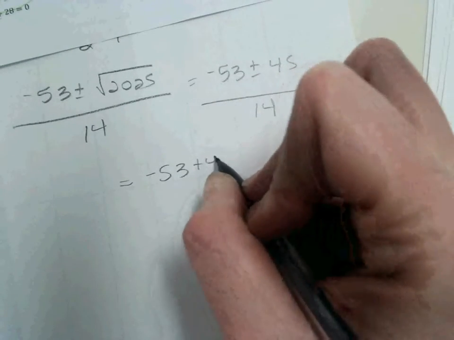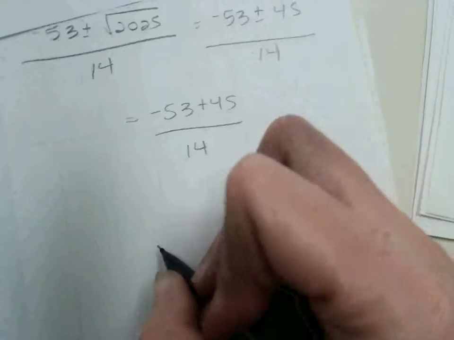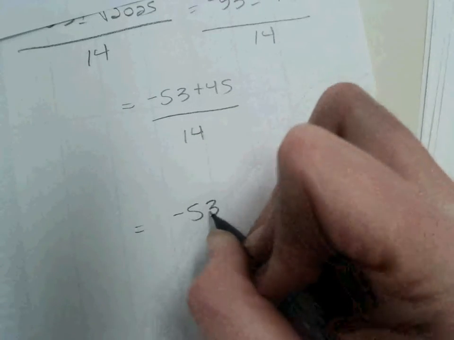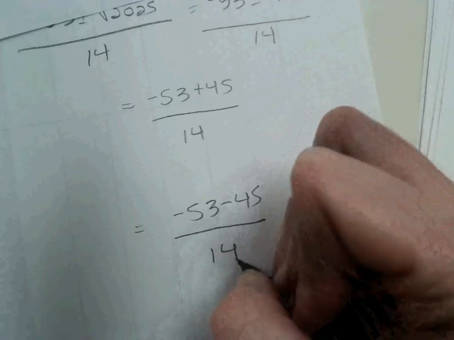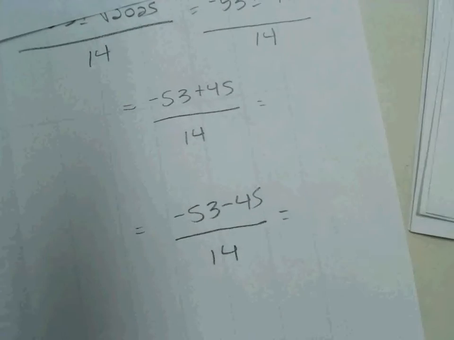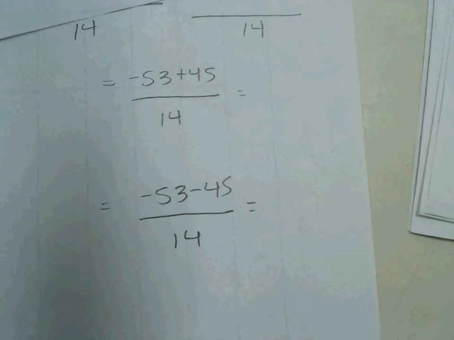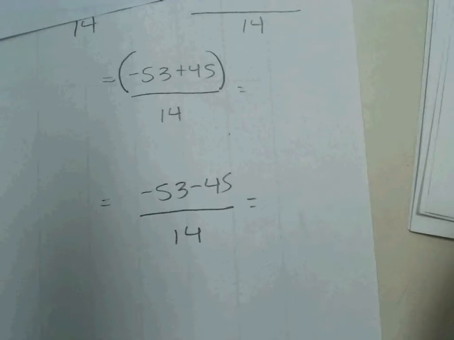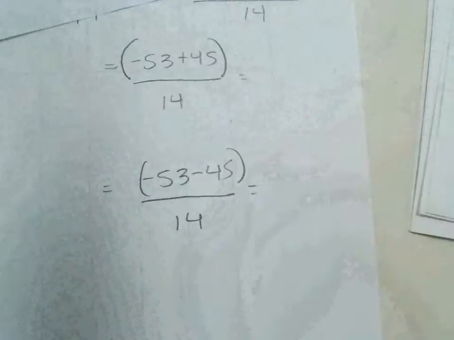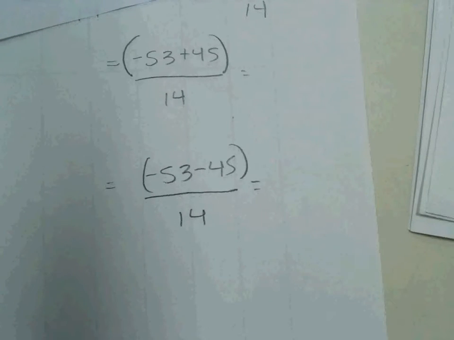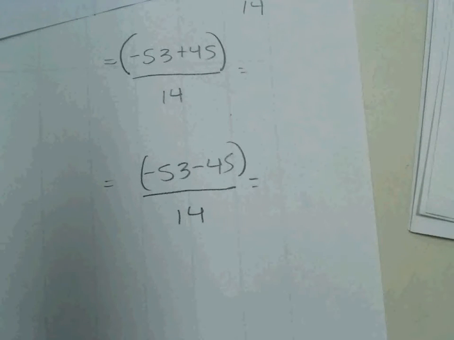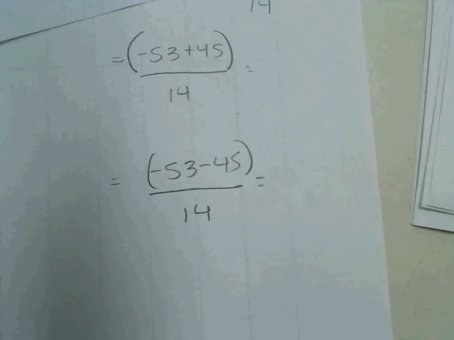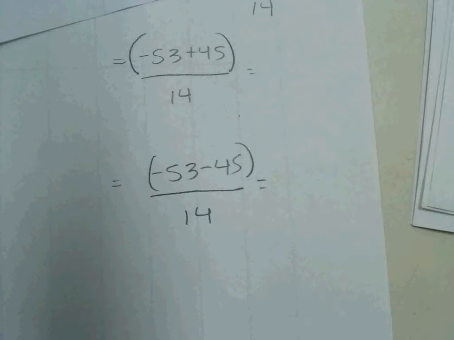And I do negative 53 plus 45 over 14. And I do negative 53 minus 45 over 14. Keep in mind, if you're going to enter that all in at once in your calculator, which is efficient, it's a good way to do it, just keep your numerator in parentheses. So I'm waiting till somebody tells me what you get, or just do it in your head, either one.